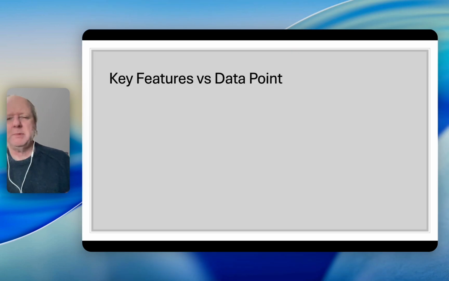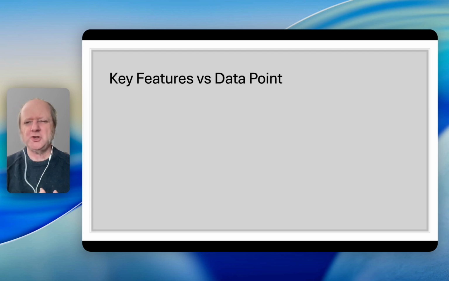Now let's look more specifically at key features and what's called data points. So key features we know are the things that you must include in your essay. It's part of the descriptors for task one, that you have to report all the main or key features.